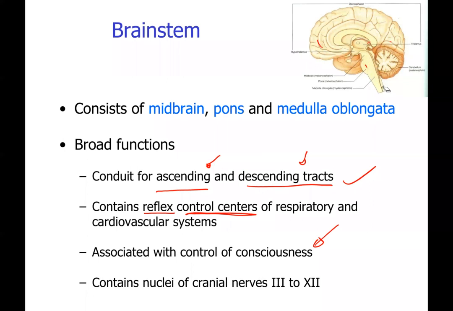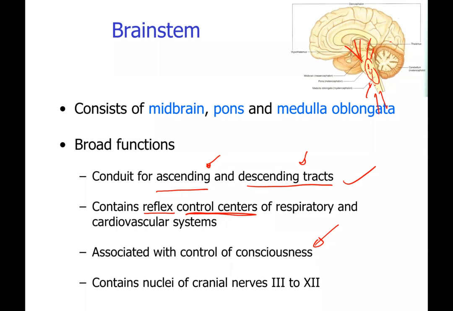These cells get information from all these ascending tracts, and continuously send information to the higher centers and keep the person conscious and alert. If you damage certain areas of this reticular formation in the brain stem, the patient can become unconscious. The alertness will be lost.